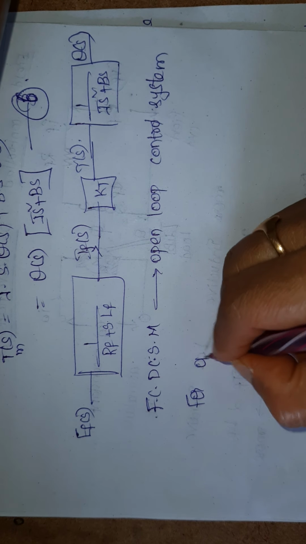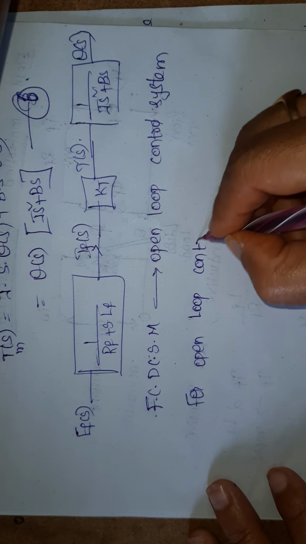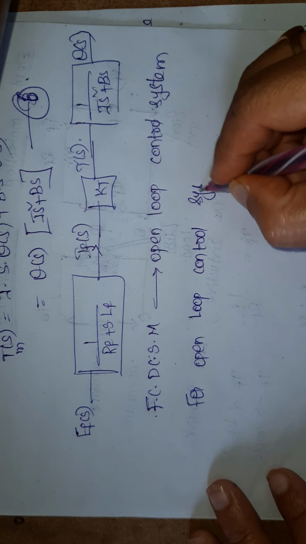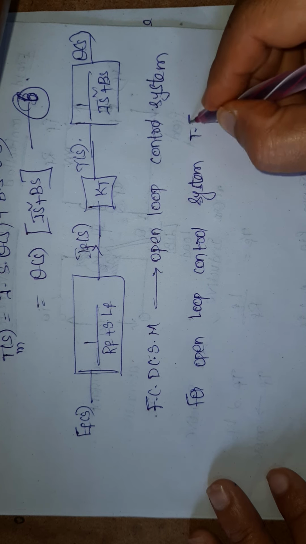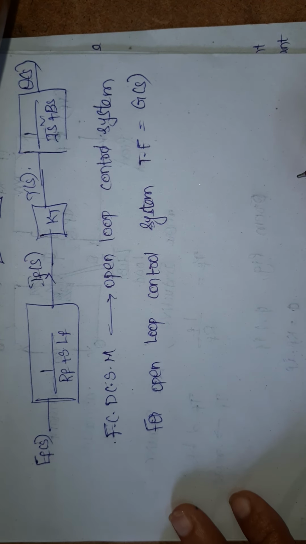For an open loop control system, what is the transfer function? The transfer function is G of s, because H of s is 1.